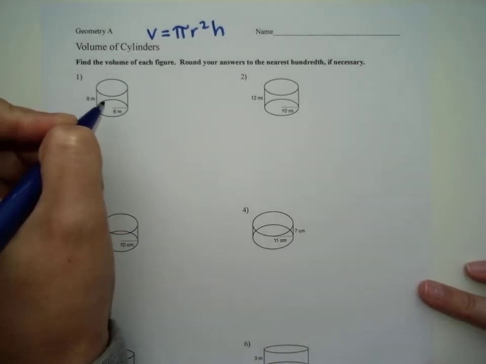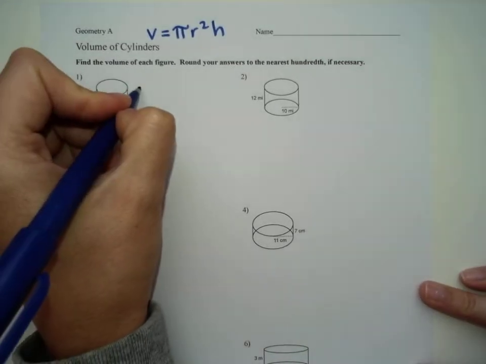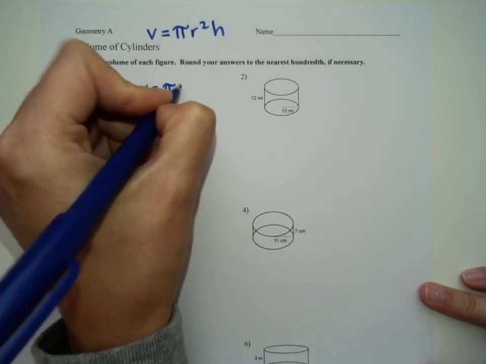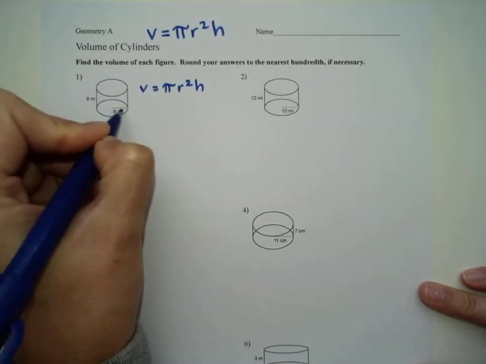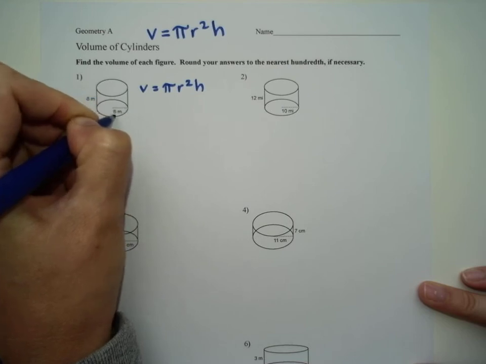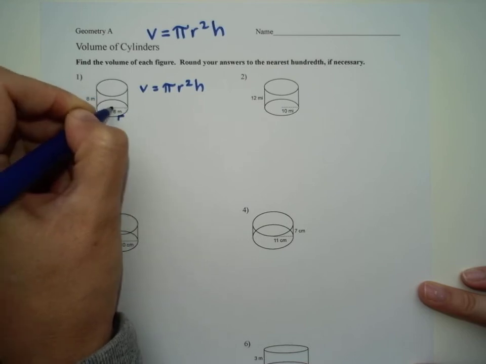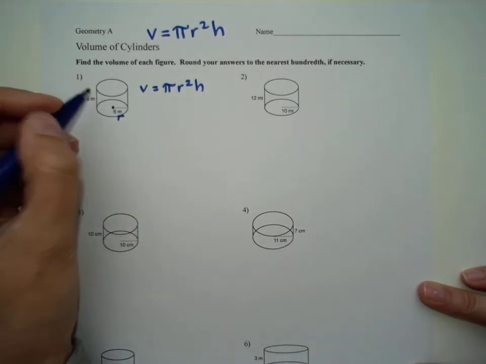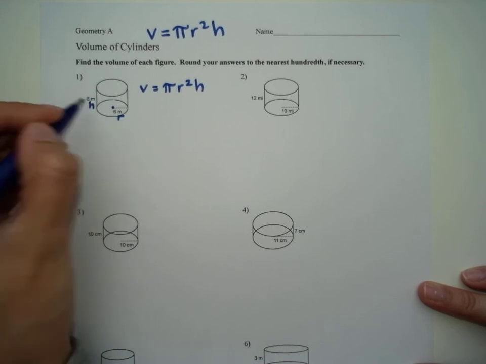And so we are just going to be substituting in the radius and the height that are given. So 6 is our radius, that's the distance from the center of our circle to the outside, and our height is 8.